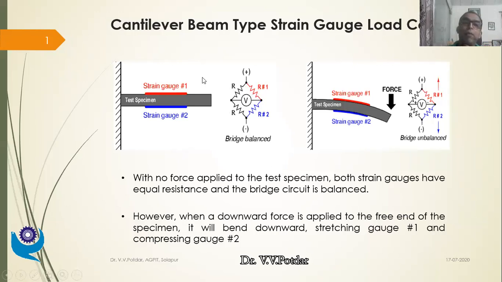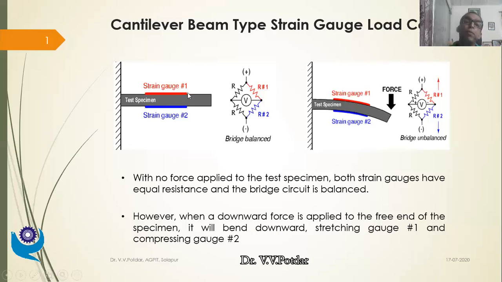This is the supply voltage that I give, maybe 6 volt DC I give to the bridge, and at these terminals I measure the output voltage, maybe dV or delta V. That is the output voltage that I obtain because of bridge imbalance.